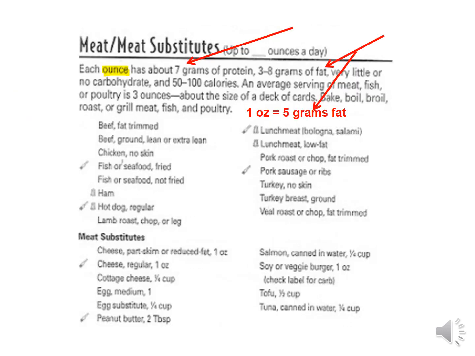Now the meat substitutes: what you'll notice is that each ounce of meat is 7 grams of protein. If you remember, we divided our grams of protein by 7, and that gave us how many choices of protein, or meat, we could get. So 1 ounce is 7 grams, so 1 ounce is 1 meat choice. But you'll also notice that 3 to 8 grams of fat is included as part of the meat.